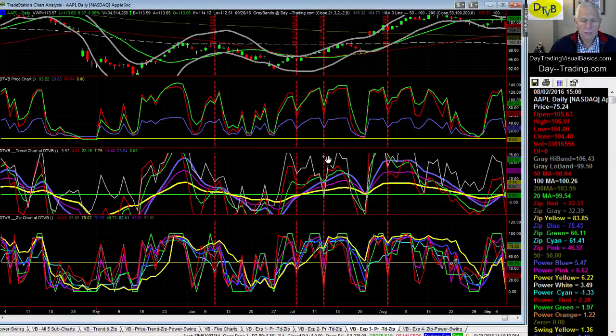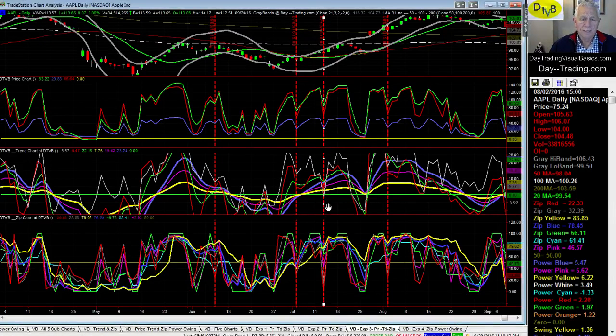The next one, where the cursor is right now, has a zip red at 3 and a zip yellow at 75. Again, the trend trio and the other lines are all up, and zip red is nice and low at 3, and that's great, and as a result, it's indicative of what happens next day.